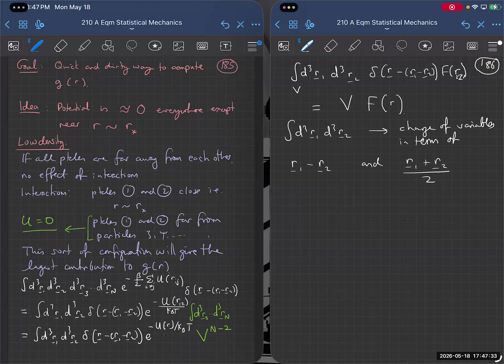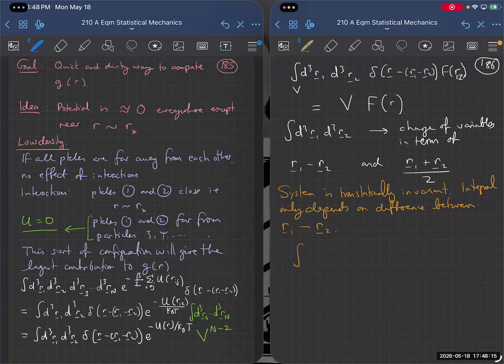So then what's going to happen is, think of it like this: the system is translationally invariant, and the integral only depends on the difference R1 minus R2.